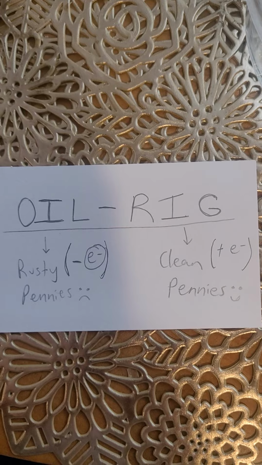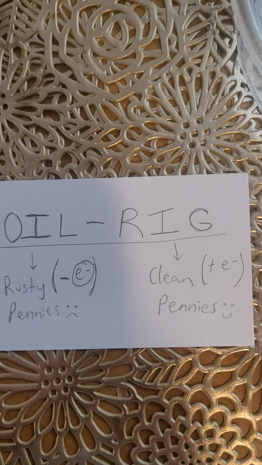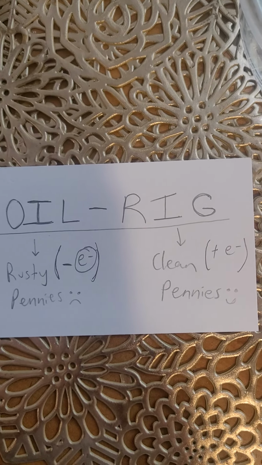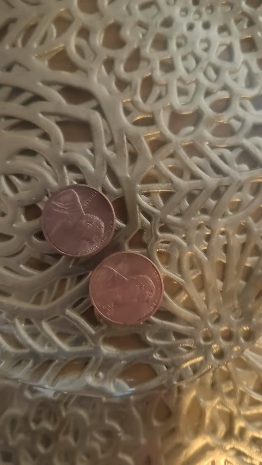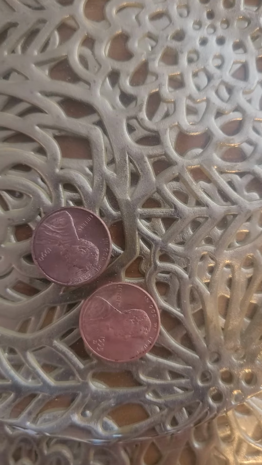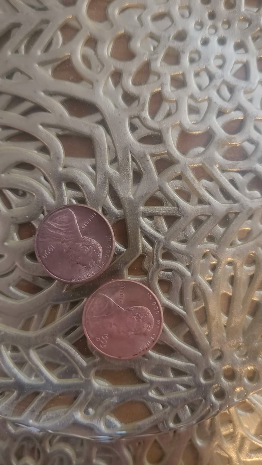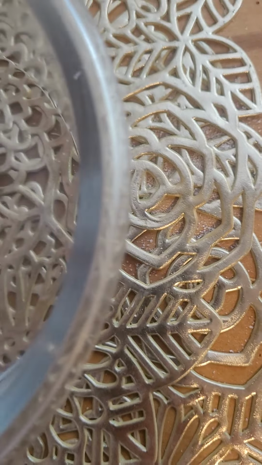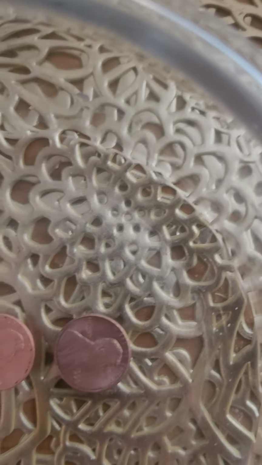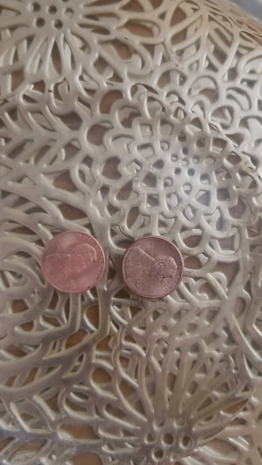Reduction is gaining an electron, right? Equals clean pennies. Woohoo! They're getting cleaner, and I'll post at the end a before and after photo. So the pennies are getting cleaner, especially the one on the left.